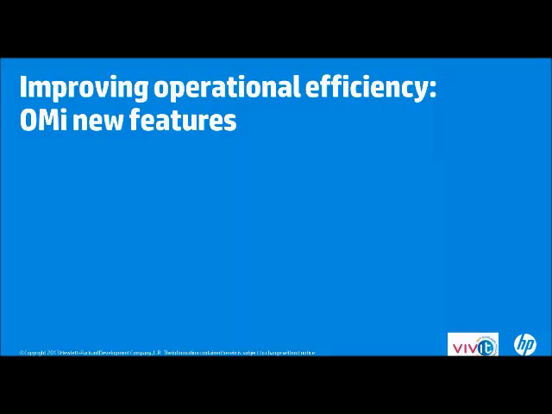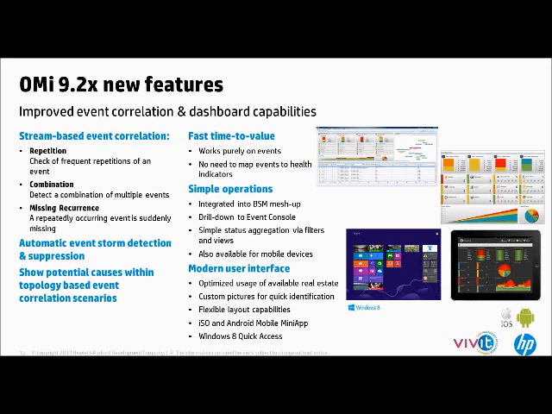Let's look at improving operational efficiency quickly. With the introduction of Operations Manager i, which is our Operations Bridge product, HP introduced some unique capabilities. First, we already provided the ability to have potential possible root causes based on our topology-based event correlation in the previous version of OMi.